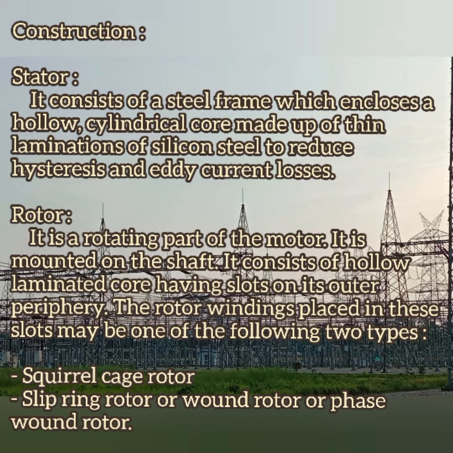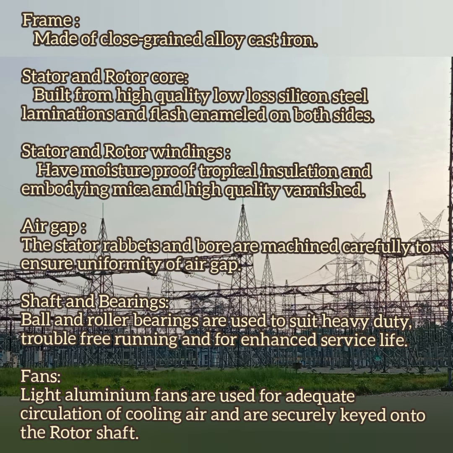The rotor is the rotating part of the motor, connected with the load end and shaft. It consists of a shaft and a hollow laminated core having slots on its outer periphery. The rotor is subdivided into two major types according to structure: one is the squirrel cage rotor and the second is the slip ring rotor, or wound rotor.